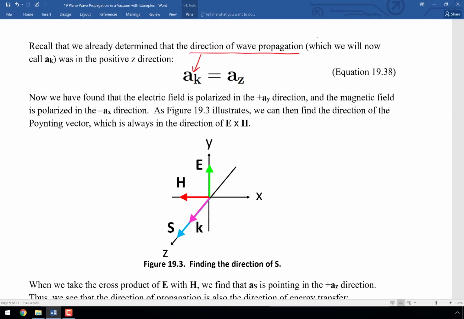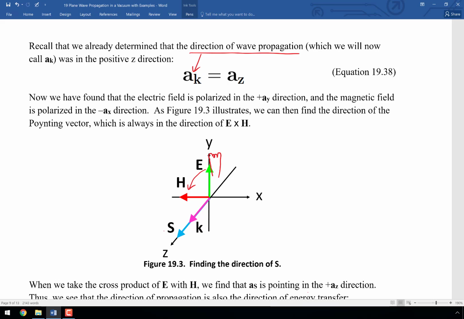E is in the positive y direction, H is in the negative x direction. Notice that over here is positive x, but H is in the negative x direction. At first that might have seemed like a mistake, but if you put your hand in the direction of E and then curl it into the direction of H, your thumb is going to point along the positive z direction.